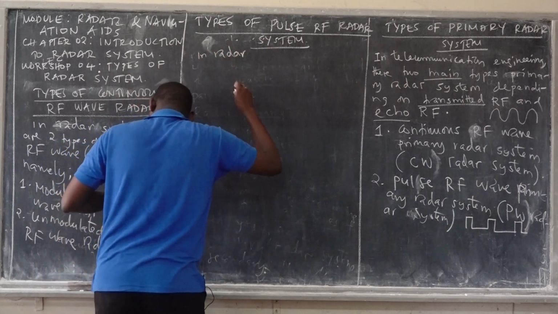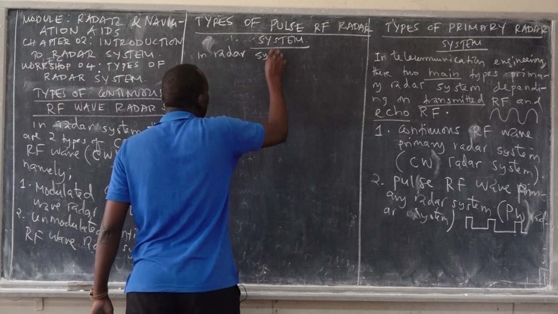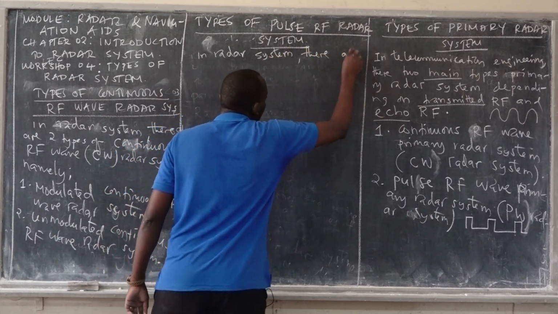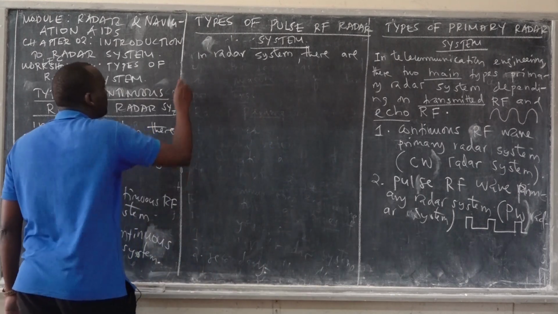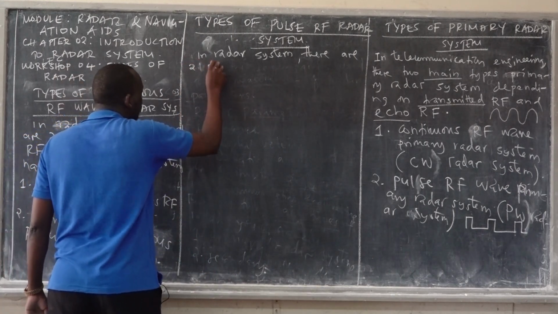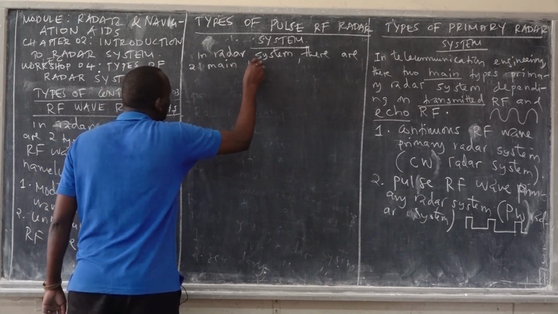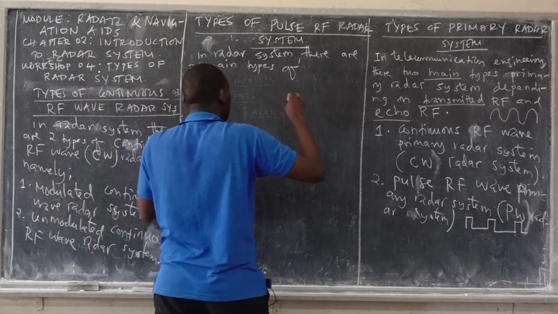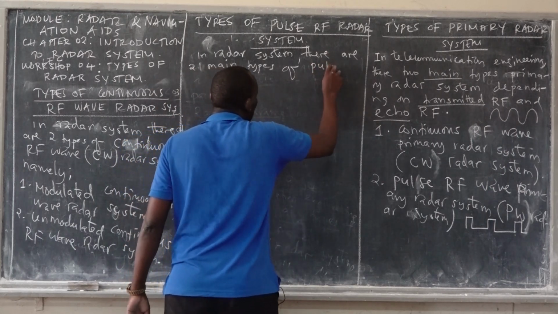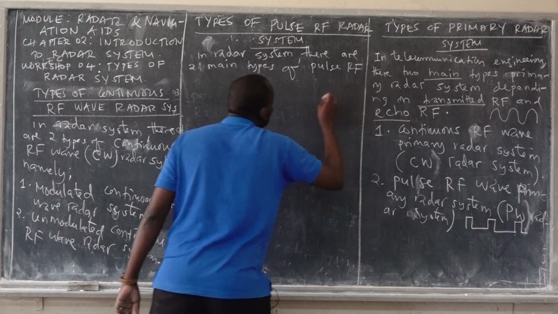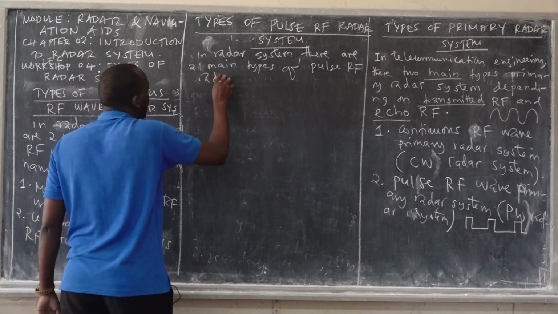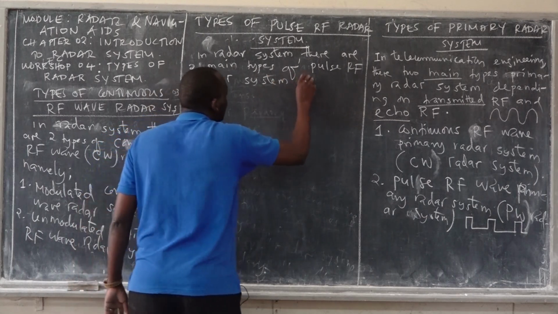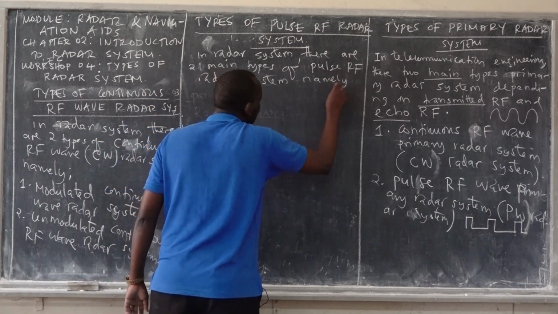So in radar system, there are two main types of pulse radio frequency radar system. And we name them.